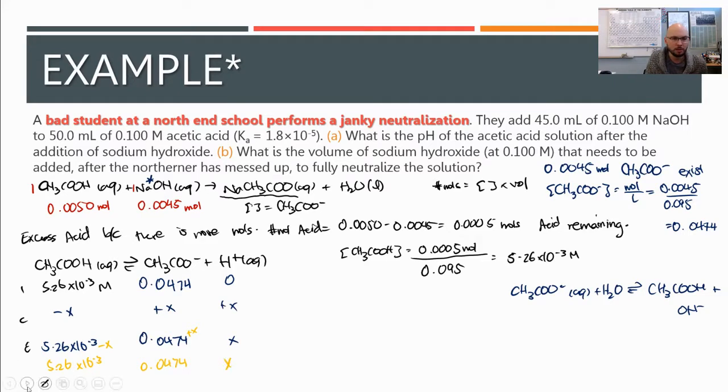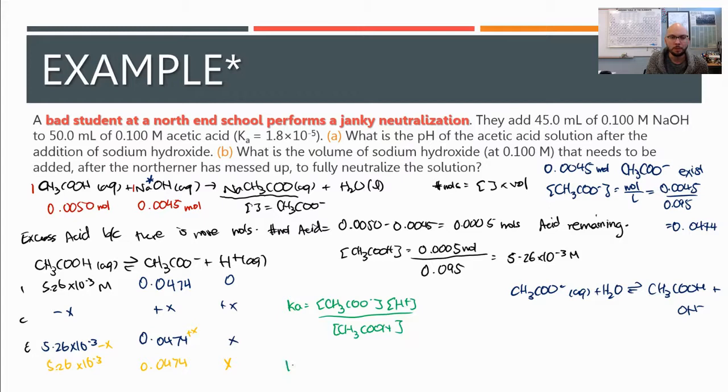Okay, so now we can take these pieces of information and plug them into a Ka calculation. So we get Ka is equal to the concentration of CH3COO minus ion multiplied by the concentration of the H plus ion over the concentration of CH3COOH.